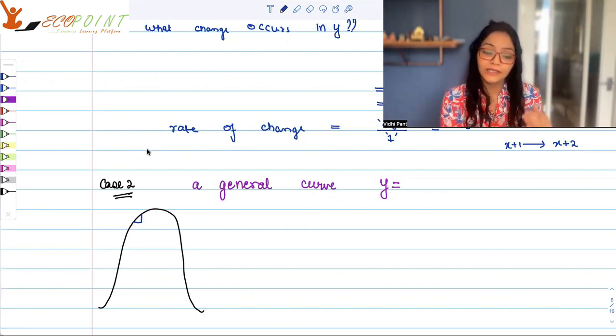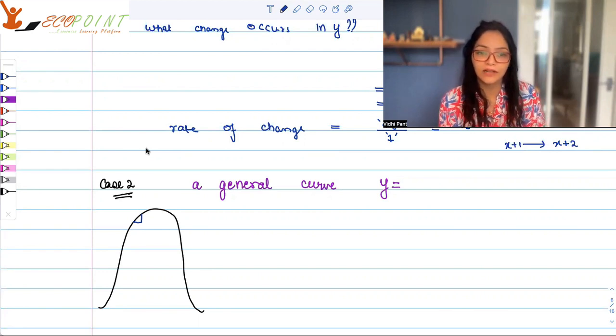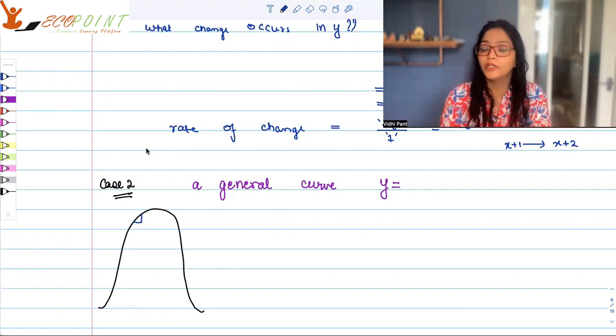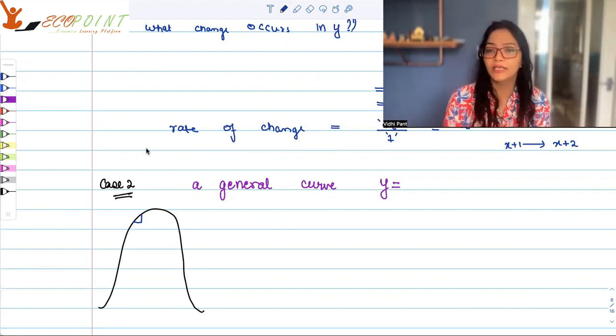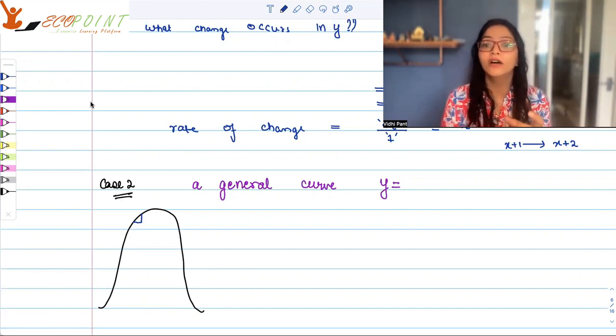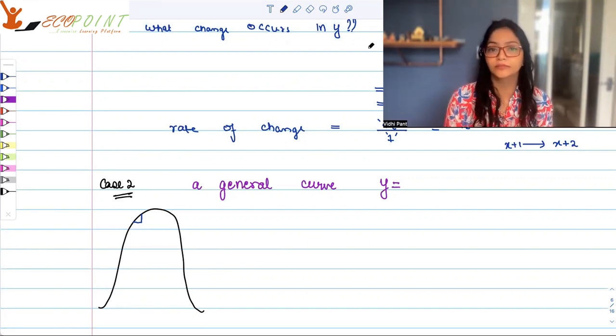That is where the rate of change concept becomes very essential and important. Because we can clearly see with this graph itself that the rate at which the function is changing will differ from point to point. It will not remain the same. It is not a constant like in the case of a linear function.